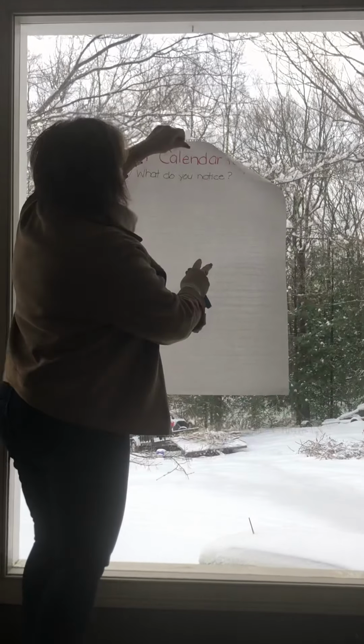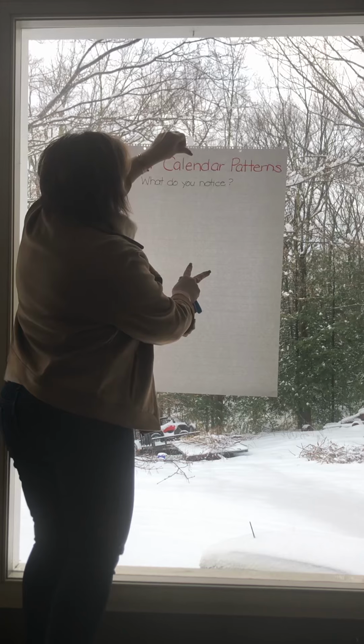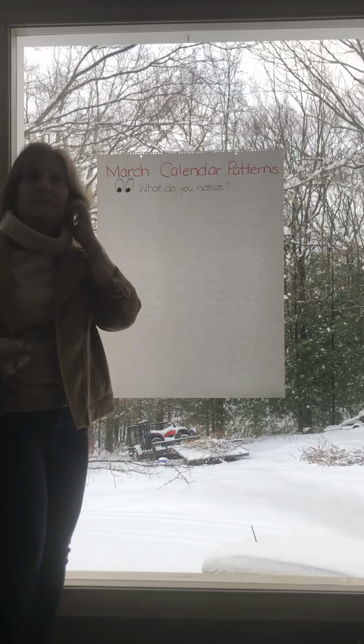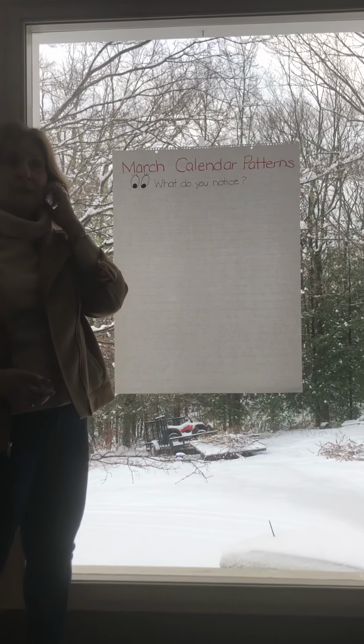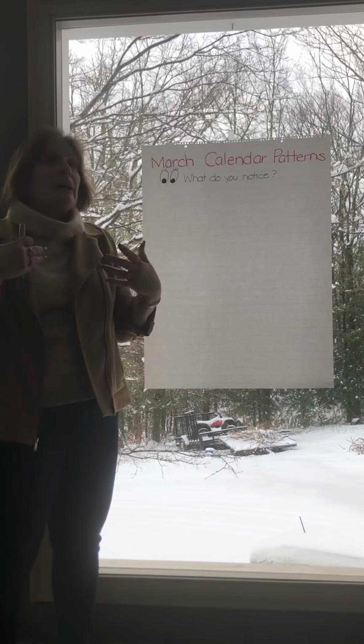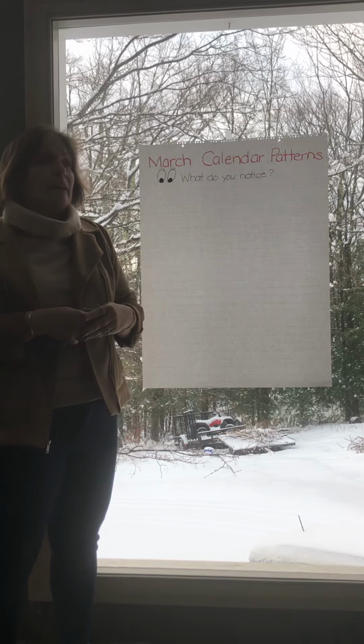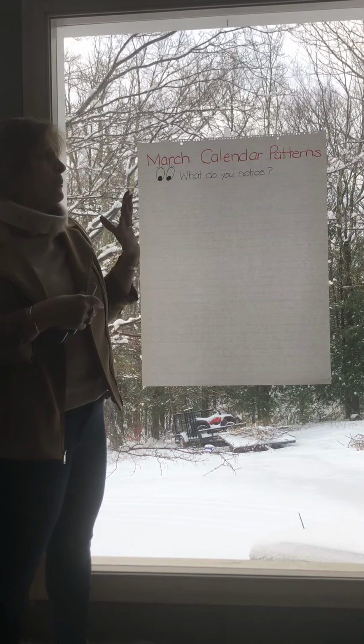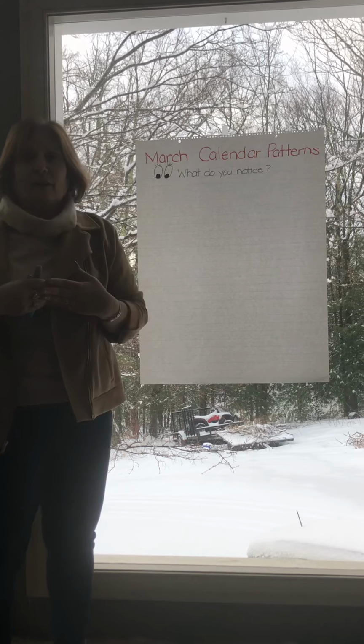On the first page of those calendar sheets that I sent you, there was a pattern sheet. What patterns do you see? So in a very short while, I will be sending you the days 1 through 10 that we've done already.